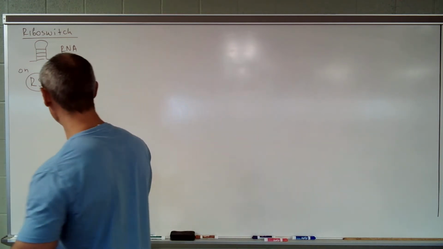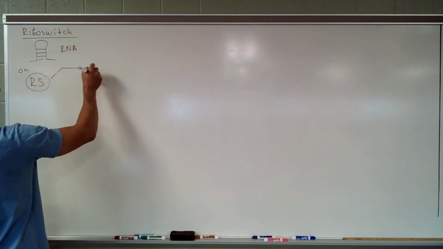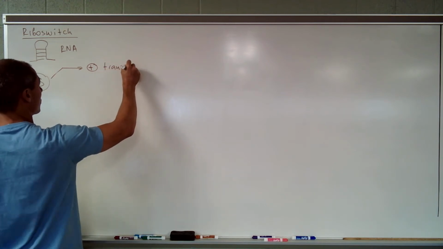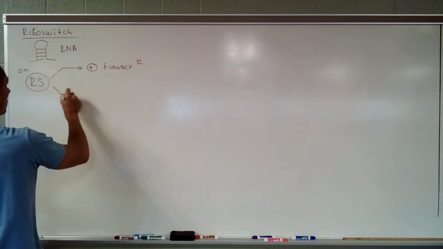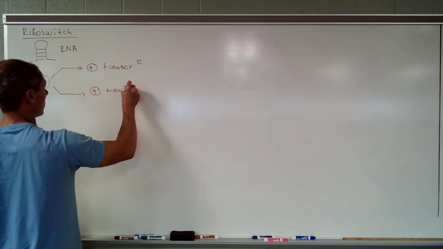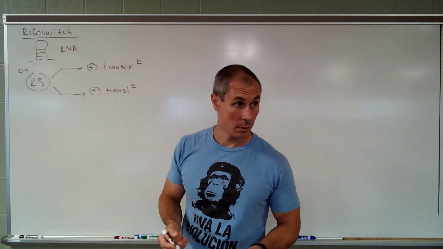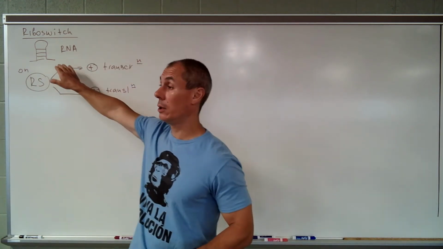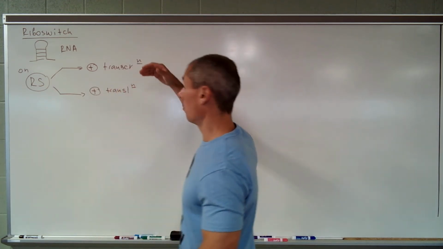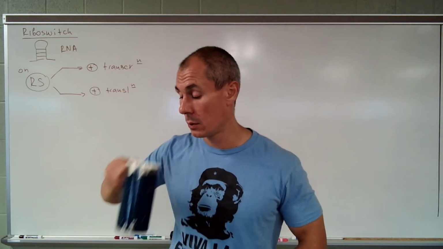So in both cases, if the riboswitch is in an on position, it can either allow transcription to occur or allow translation to occur. Does that make sense? That's it. If this structure is in the quote-unquote on position, then maybe it's a transcriptional regulation, maybe it's a translational regulation.